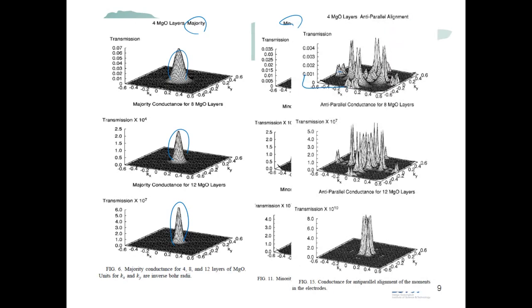And in the parallel configuration, the transmission is something like here, while the transmission of the antiparallel configuration is about 10 times smaller than the parallel configuration. So we can get a large MR.